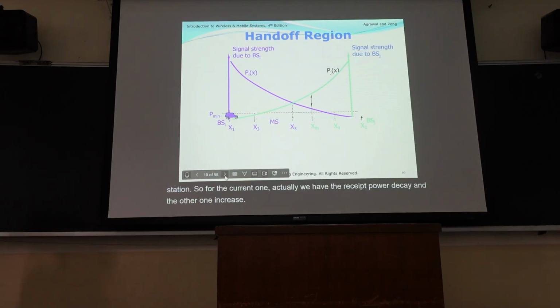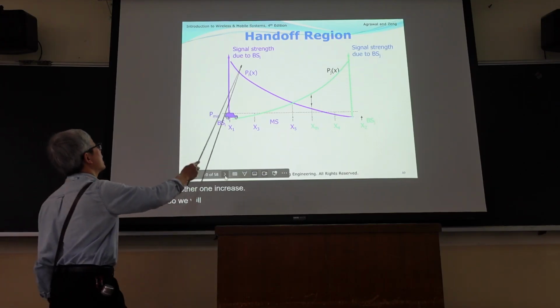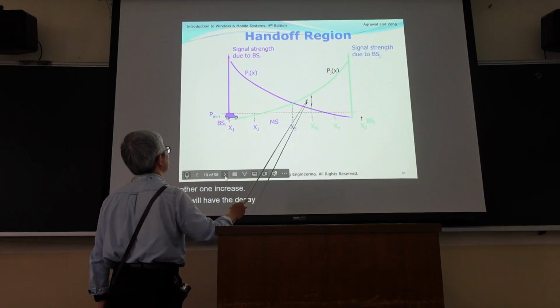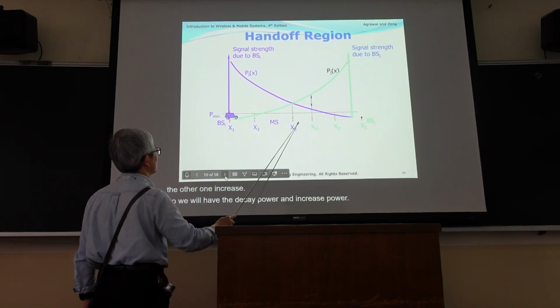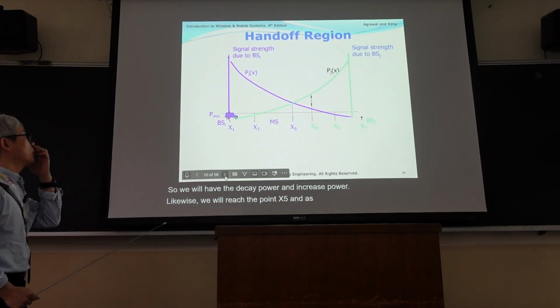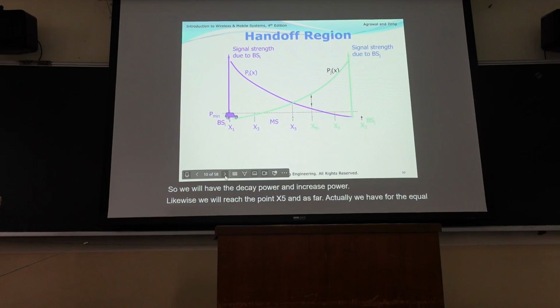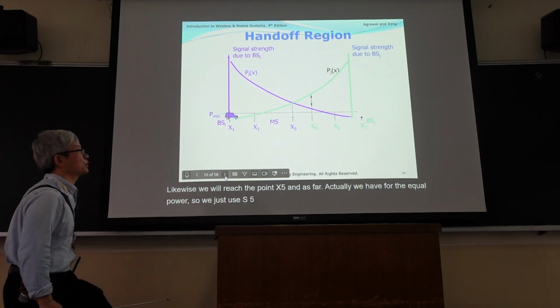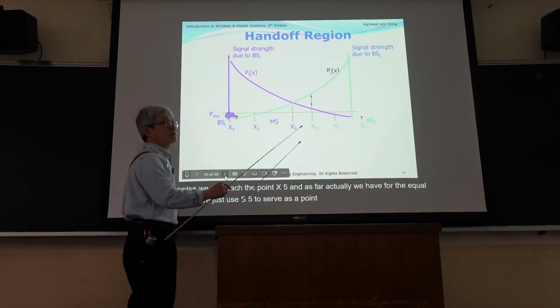So we will have the decaying power and increasing power. Likewise, we will reach the point x5, and at x5 we have equal power. So we just use x5 as the point to trigger the handoff.